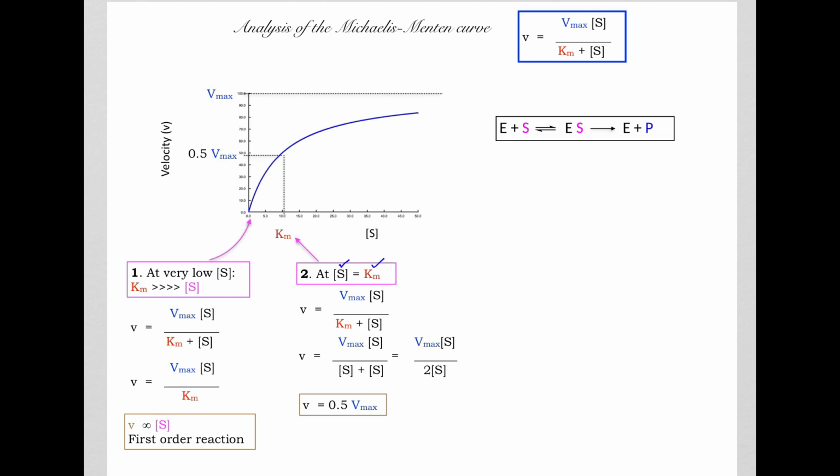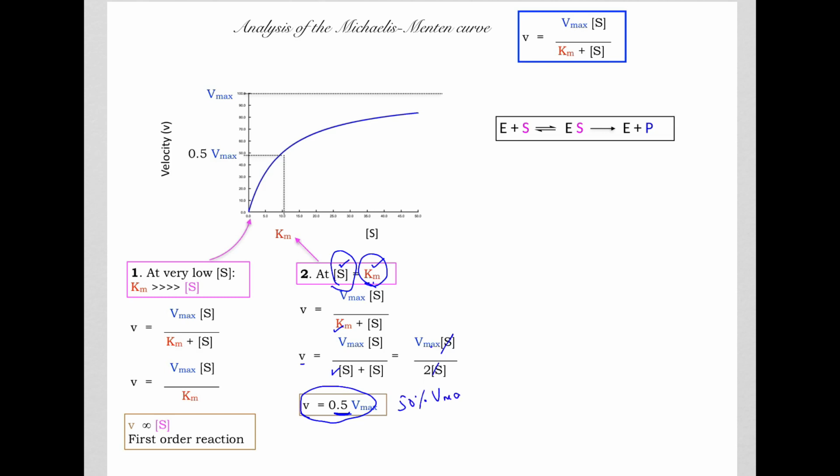So instead of Km here, we put in S. And if we do that, we get velocity equals Vmax times S divided by 2S. And S and S cancel, so it's basically Vmax over 2, which is 0.5 Vmax. So when substrate concentration is equal to Km, the velocity is exactly 0.5 Vmax, or 50% Vmax.